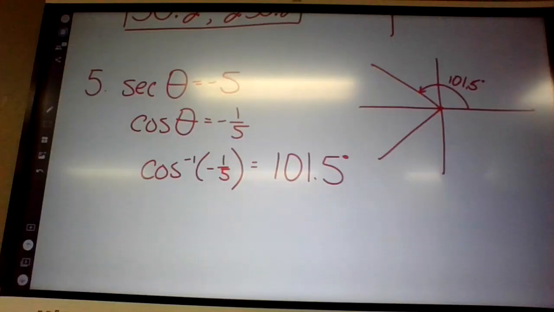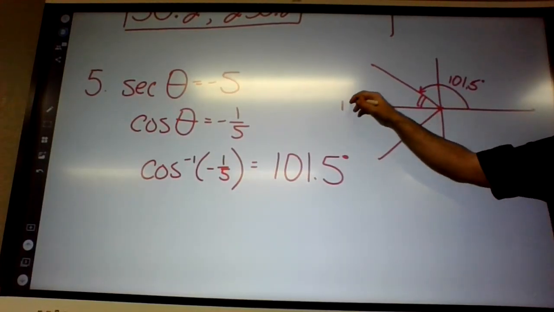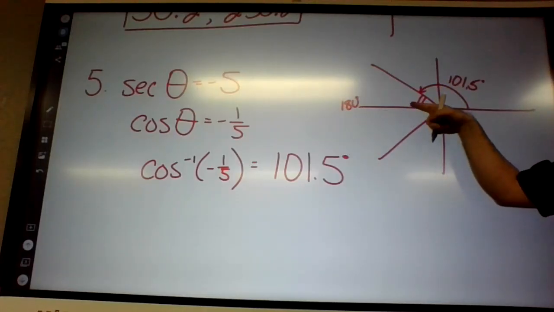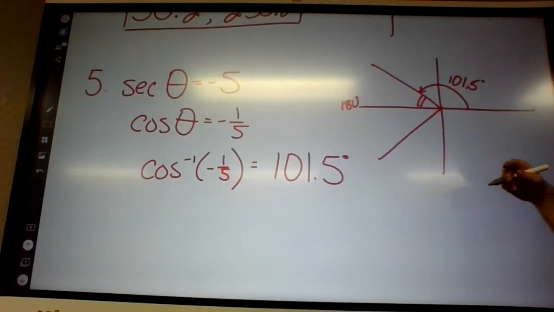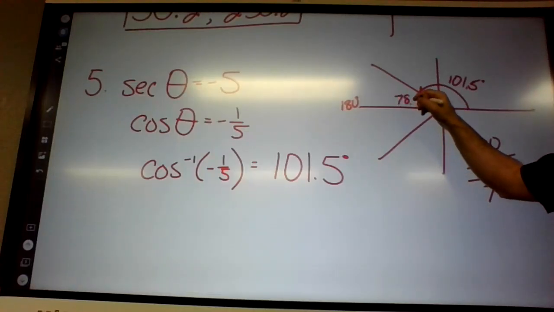How are we going to find the reference angle? Right, 180 minus, because we have to figure out how far this is from the x-axis. So 180 minus 101.5 is 78.5. That is the reference angle. It's not an answer, but it is the reference angle.